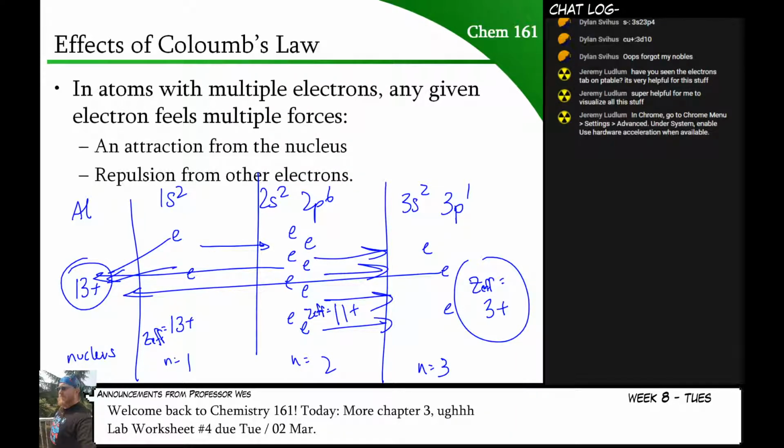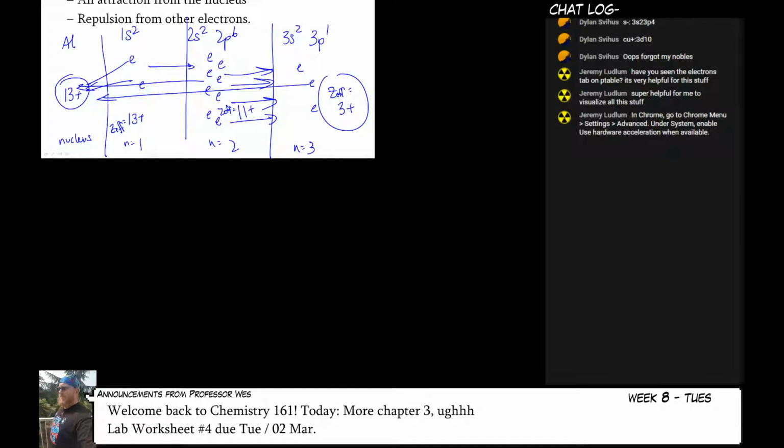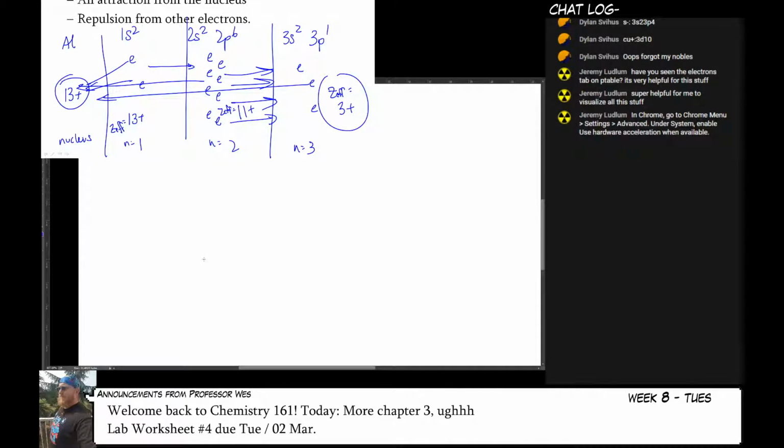And now here's the kicker. This is where it all comes together. On this blank abyss that I, for some reason, didn't load. There we go. Now we're going to draw a super simple drawing. Here's magnesium, and we've got 1, 2, 3s.